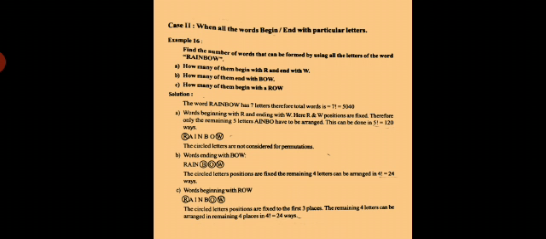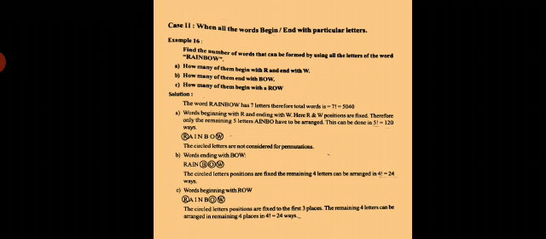That is 5, so that can be arranged in 5 factorial ways, that is equal to 120. So keep R as it is, W as it is. Remaining 5 letters can be arranged in 5 factorial ways, that is equal to 120 ways.